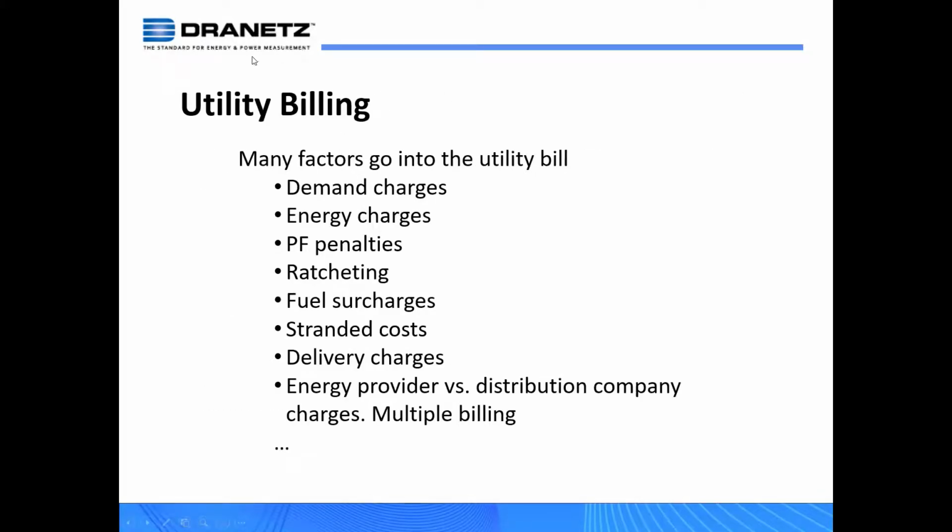So again, talking about utility billing, many factors go into a utility bill. As I mentioned before, you have demand charges and energy charges. Those are the most common and probably the largest portions of most of the utility bills. And we have a slide on that coming up as well. But we also have other things like power factor penalties.